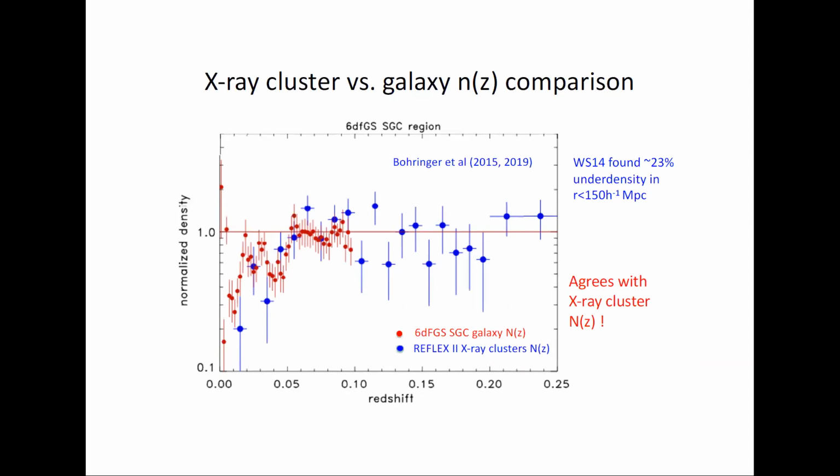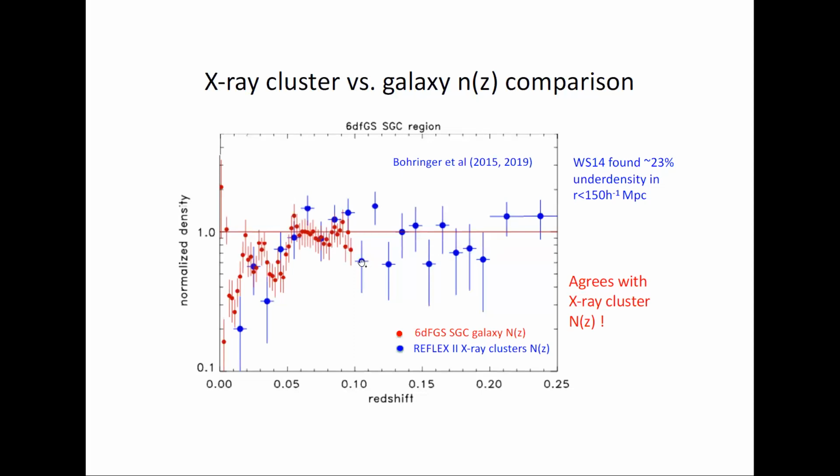So you then can look at X-ray clusters like Hans Böhringer and others did in 2015 and 2019. This is again comparing the SGC area. So the red points are the points I just showed from us and the blue points are from Böhringer et al. They go out to much higher redshifts than we did. We only went out to 0.1.